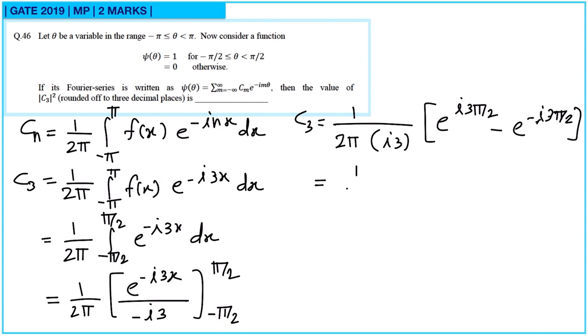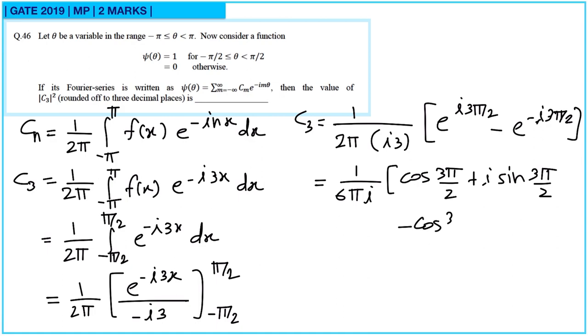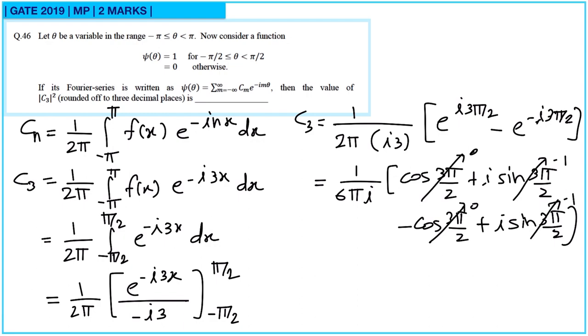So this is 1 upon 6 pi i into e raised to i 3 pi by 2, so this is cos of 3 pi by 2 plus i sin 3 pi by 2 minus cos of 3 pi by 2, minus it will be plus i sin 3 pi by 2. This is 0, 0, and sin 3 pi by 2 is minus 1. So this is minus 1 and minus 1, so this will be minus of 2i.